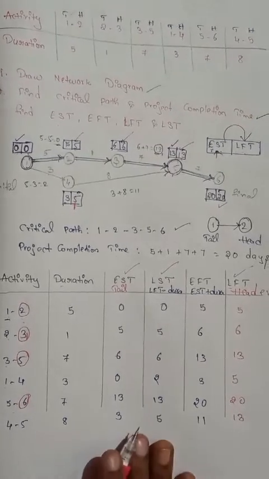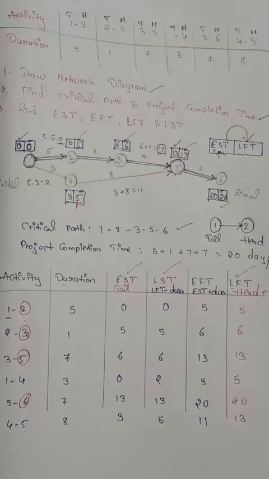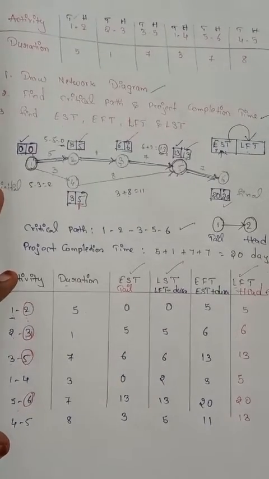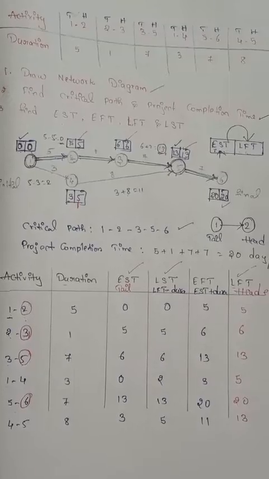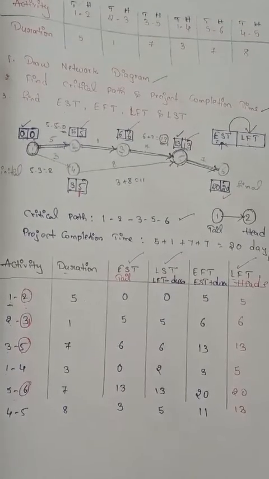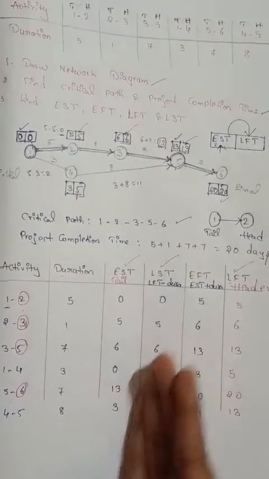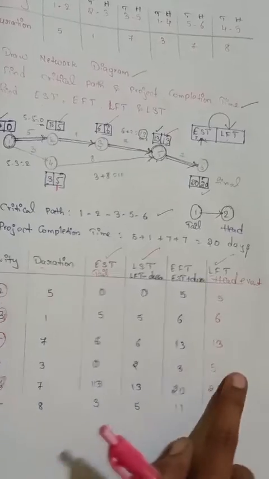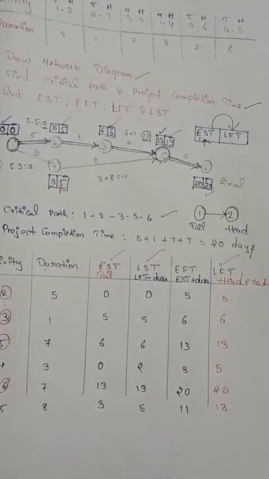Our table is completed. Now the last step is that here also we can check the critical path. How do we need to check, guys? Let us check for the same values. For EST and LST, wherever you have got the same values, and for EFT and LFT, wherever you got the same values.